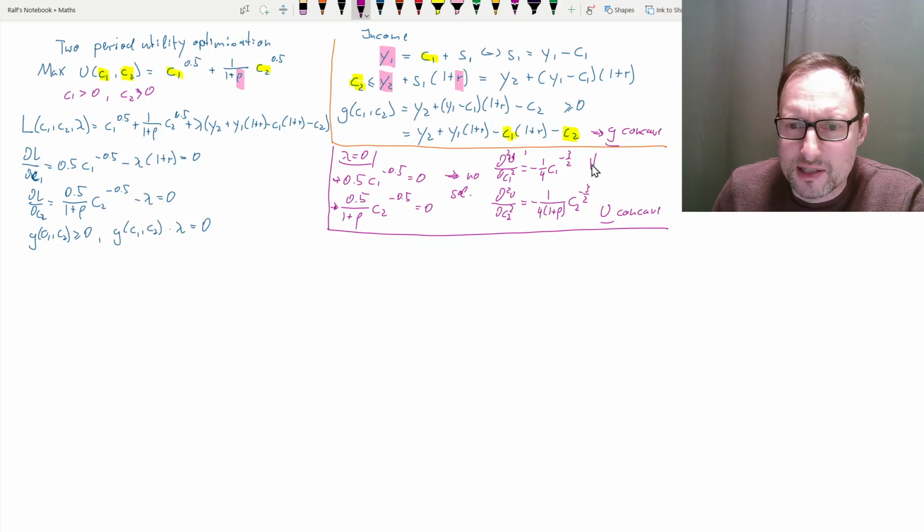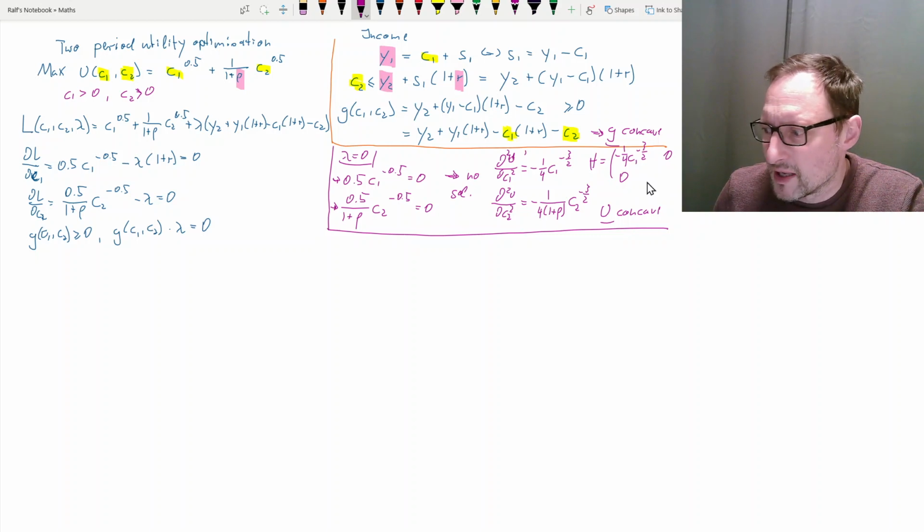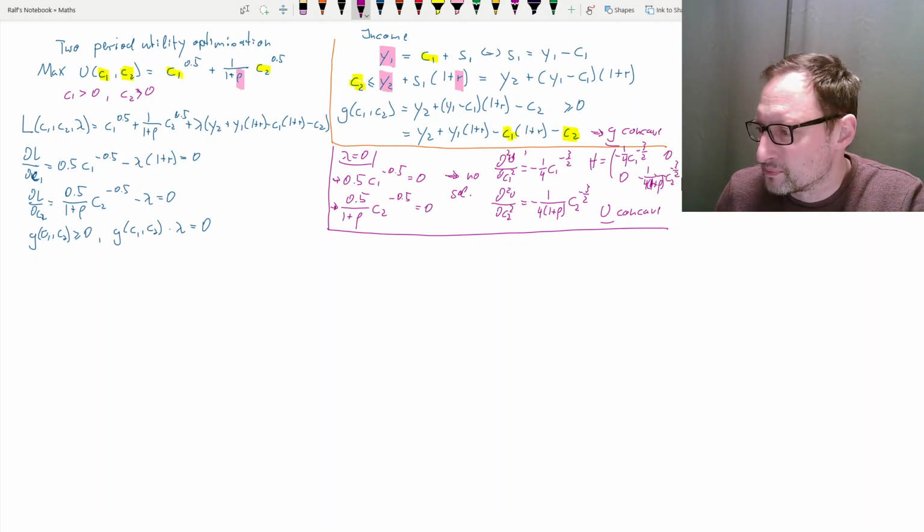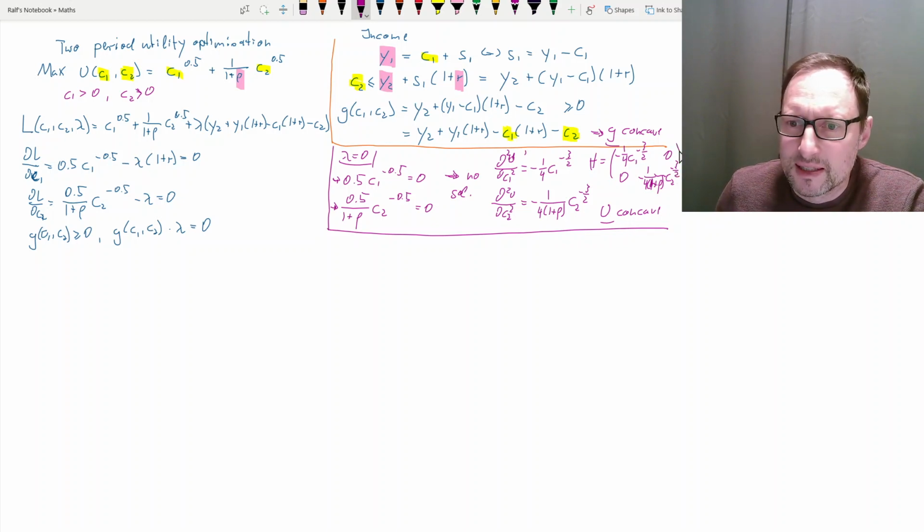So the Hessian here will be: negative a quarter c1 to the negative 3/2, 0, 0, and negative 1/4 times 1 over 1 plus rho times c2 to the negative 3/2. That just fits.